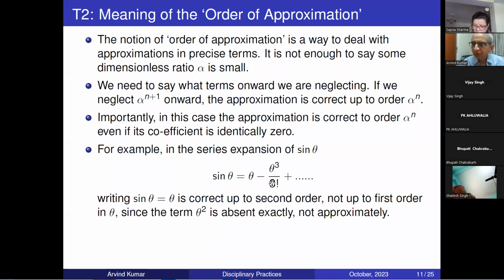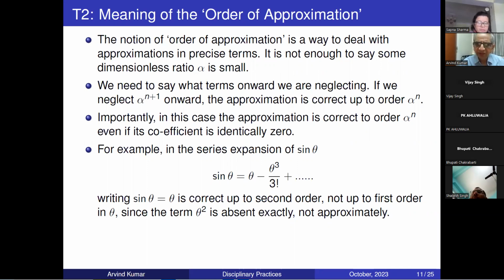Yes, because I have not neglected theta square. The other terms may have non-vanishing theta square. Here I have vanishing theta square, but that's not my fault. That's in the expression. I have not neglected it. So it's correct. It's a very important point, not very well known in physics.